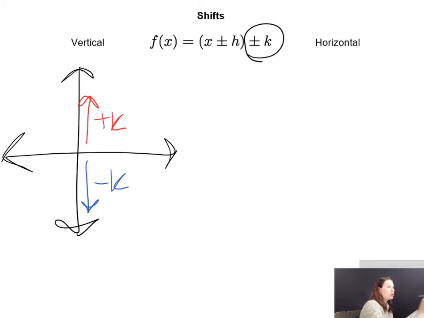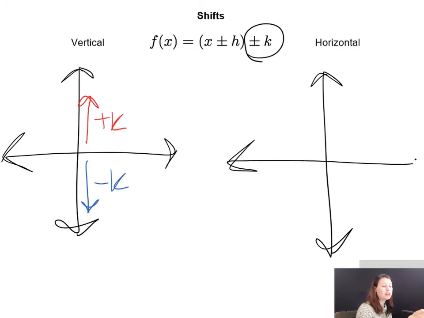Now, if we think about a horizontal shift, it's almost the exact same thing, just instead of on the y-axis, on the x-axis. So a positive h change, though, is a little bit tricky. It doesn't go in this direction. That's not positive h anymore because it does the opposite. So it's a little strange to think about.